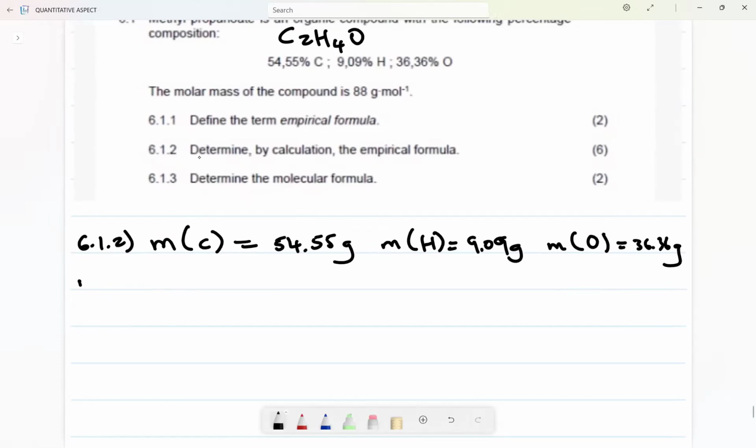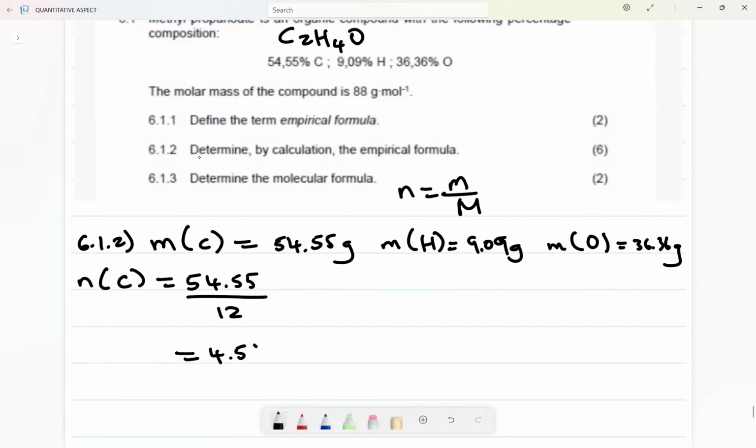Then now let's find the number of moles. Number of moles of carbon first, do not forget to write the formula first. Just write it somewhere so that they mark it. Mass divided by molar mass: 54.55 divided by 12, which gives something like 4.55 moles.